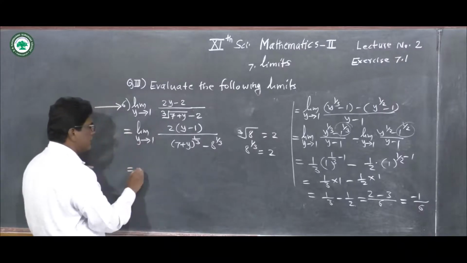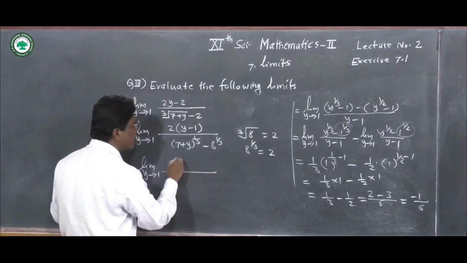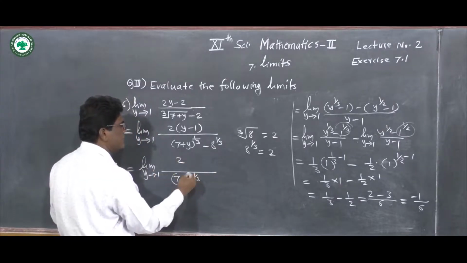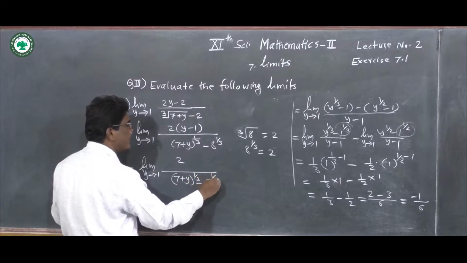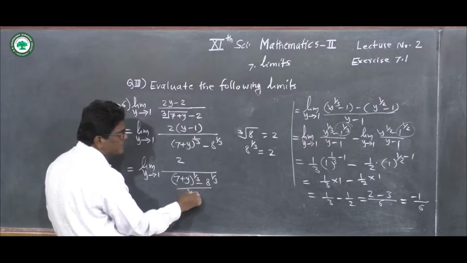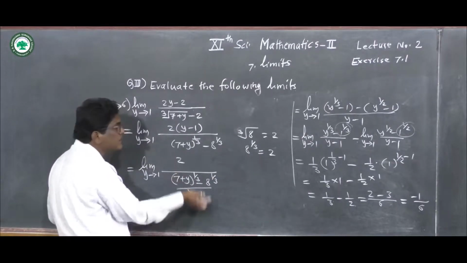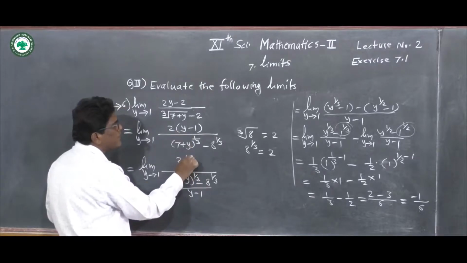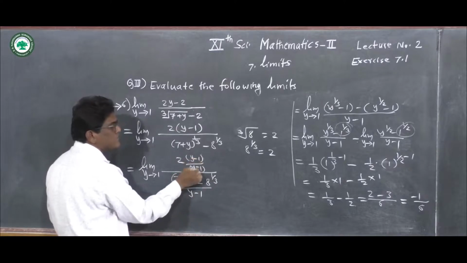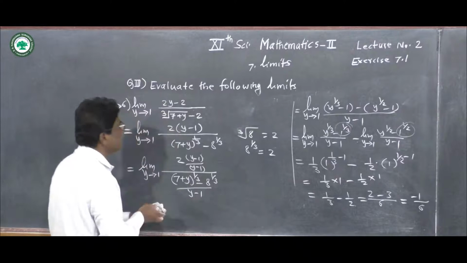So we get limit as y tends to 1, 2 upon 7 plus y to the power 1 by 3 minus 8 to the power 1 by 3, divided by y minus 1. Similarly, divide the numerator by y minus 1, and this y minus 1 upon y minus 1 gets cancelled in the numerator. So only 2 remains in the numerator.